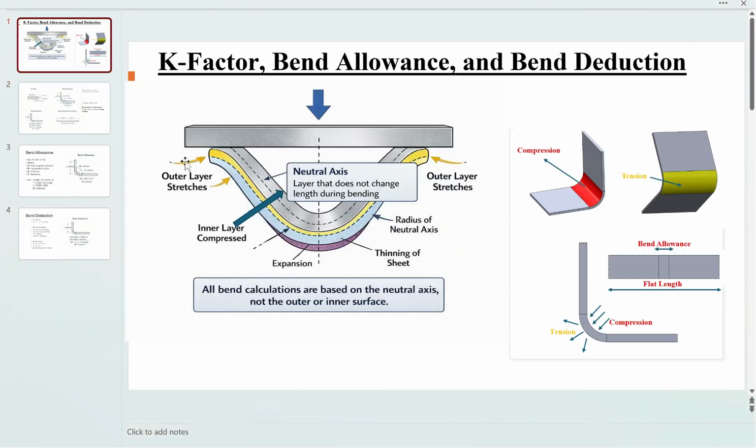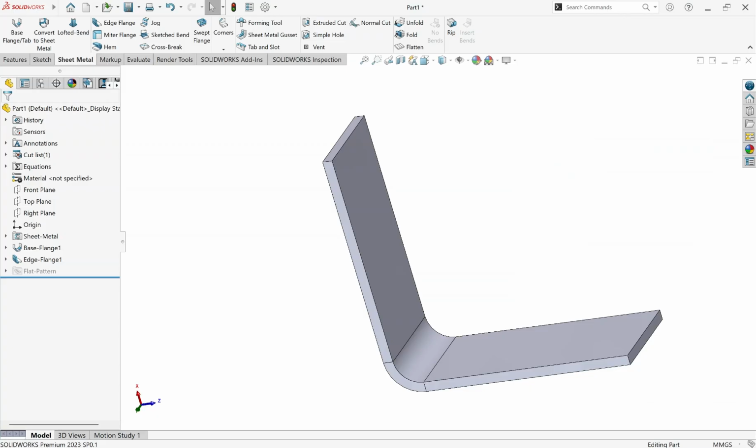And K factor is a very important numerical ratio or the unitless factor to calculate the bend allowance and bend deduction. So after the understanding of these factors and allowances, we will go to the SolidWorks.